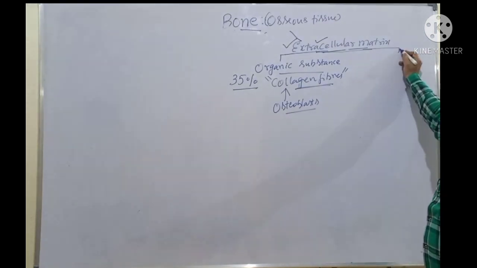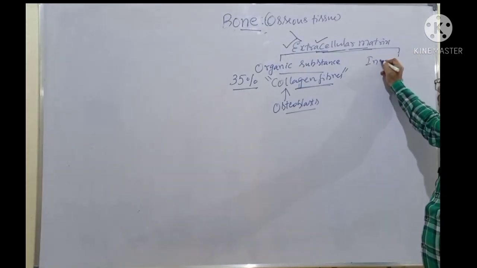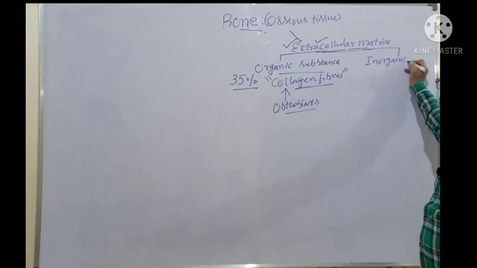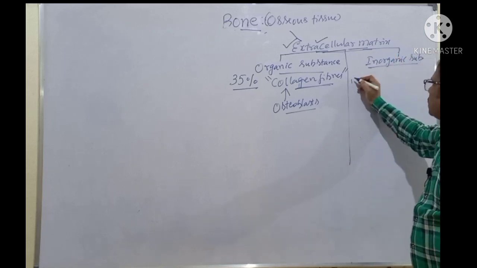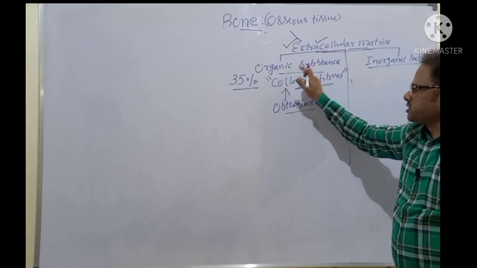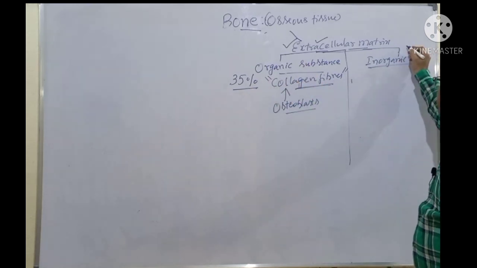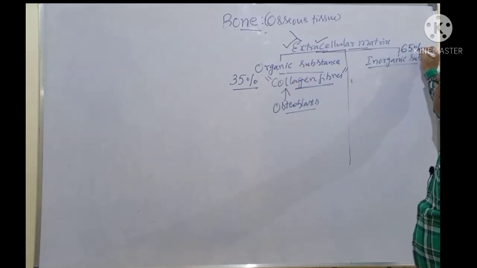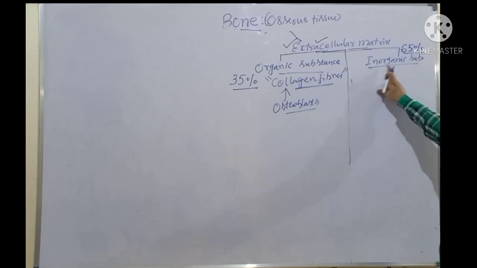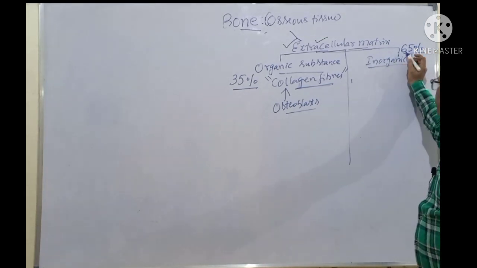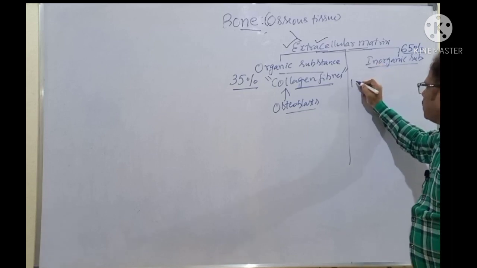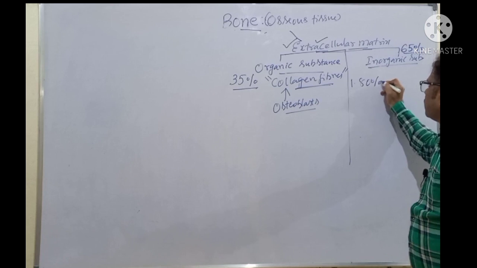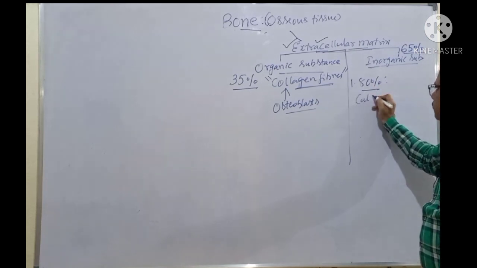Next one is the inorganic substance. How much is organic substance? 35%. And what is the inorganic substance? 65%. If you take the inorganic substance as 100%, out of which 80% is formed by calcium phosphate.